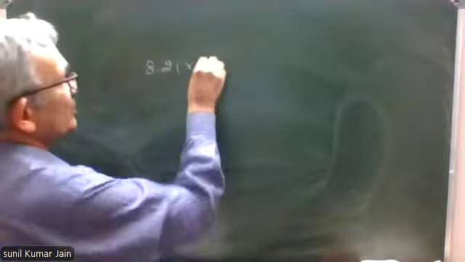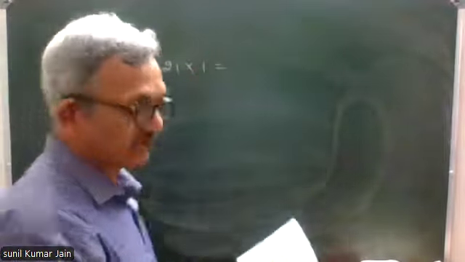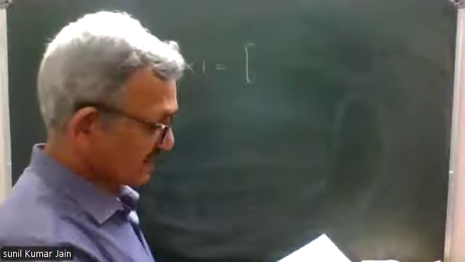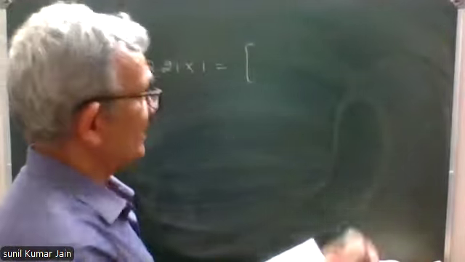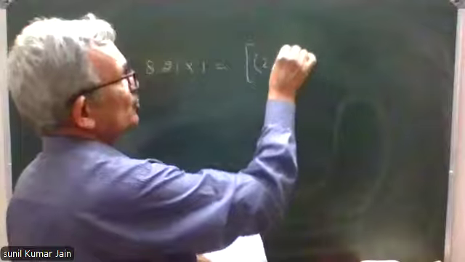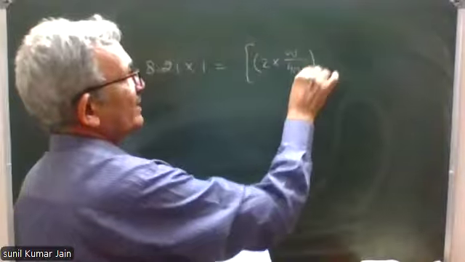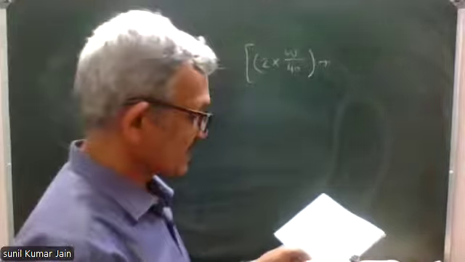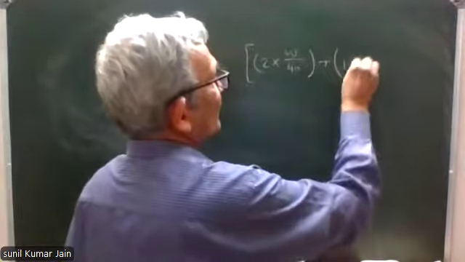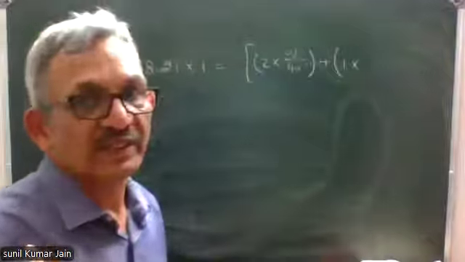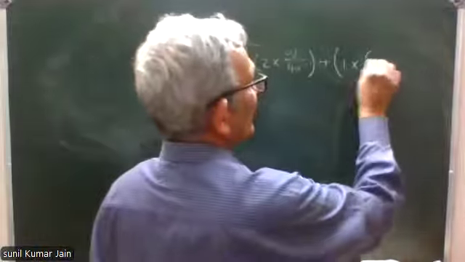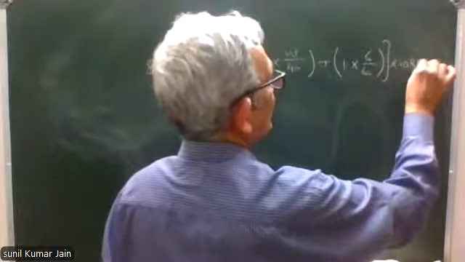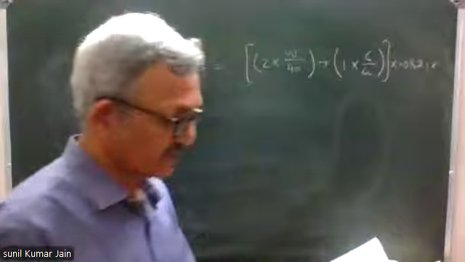Volume of solution is 1 liter. Now there are two solutes. One is NaOH. For NaOH, i is 2, weight we have to calculate. Plus urea. For urea, i is 1, number of moles will be 6 divided by 60, into R into temperature.